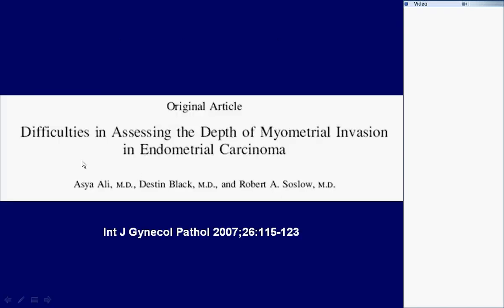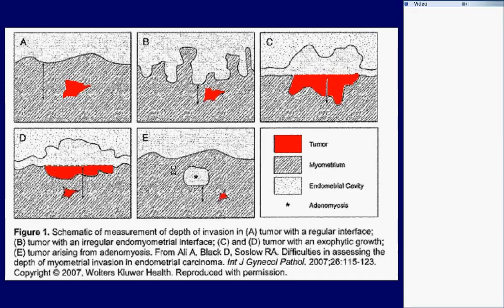This is a paper in International Journal of Gynecological Pathology, 2007, from Soslow's lab, talking about the difficulties in assessing the depth of myometrial invasion. So this is a well-recognized field, as you know. Now, this particular diagram is actually from that article that I showed you.